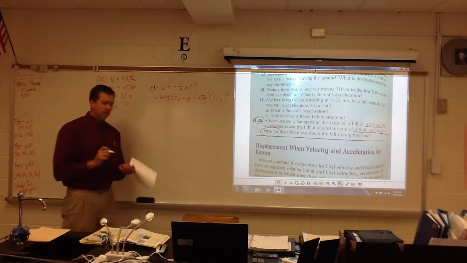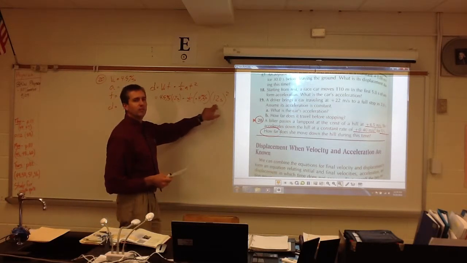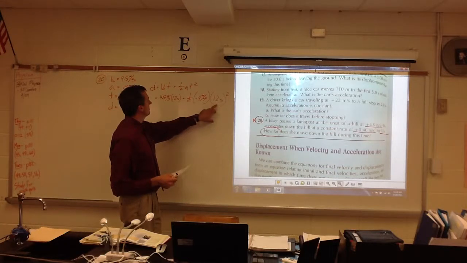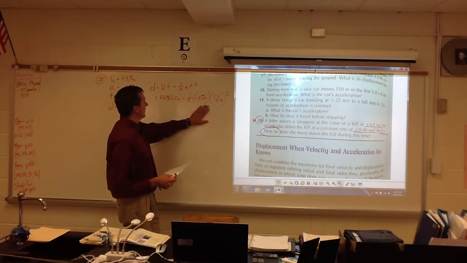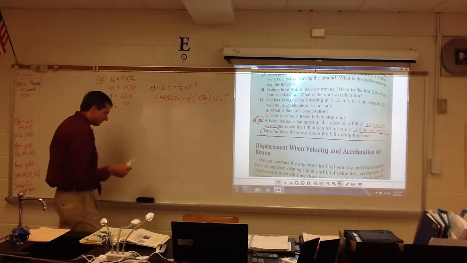What most new physics students do is forget to square this. It's really key. You've got to square that. Then multiply it by these two things. Get what you have on this side, get what you have on this side, and add them together.